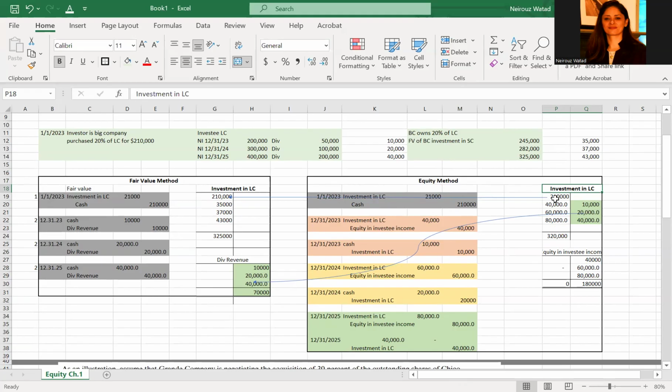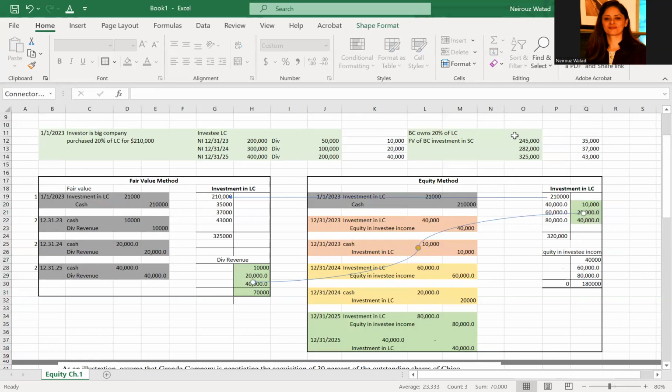Under the equity method, the income reported by the investee, we get to increase our investment as investors by our share of that net income. And the dividends that the investee declares, our share of that dividend reduces our investment.